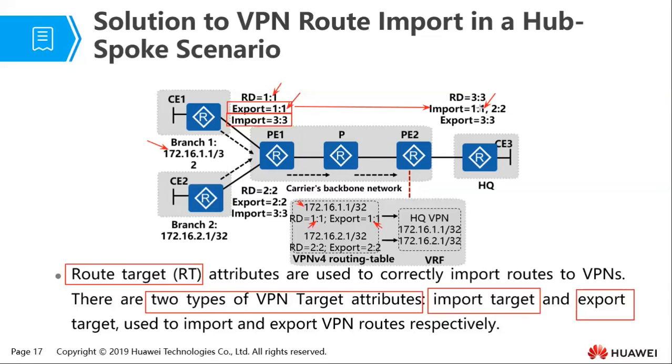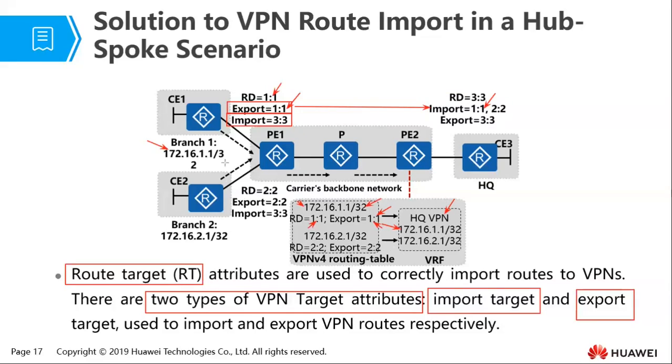So when the headquarters receives this route with an export value of 1:1, it's simply going to import it into its own VRF in the correct VPN.